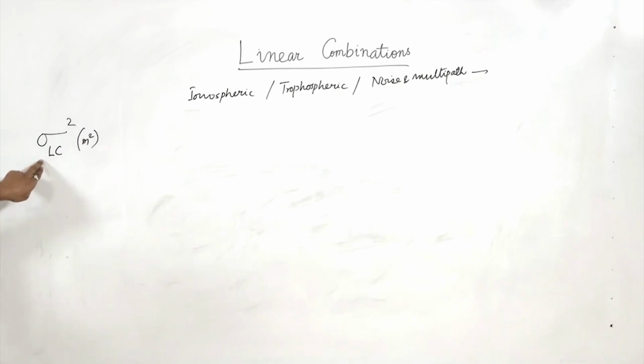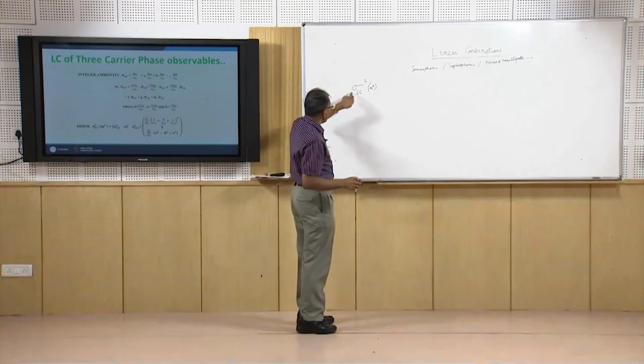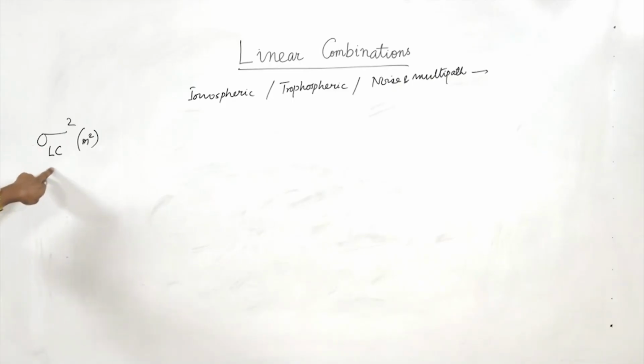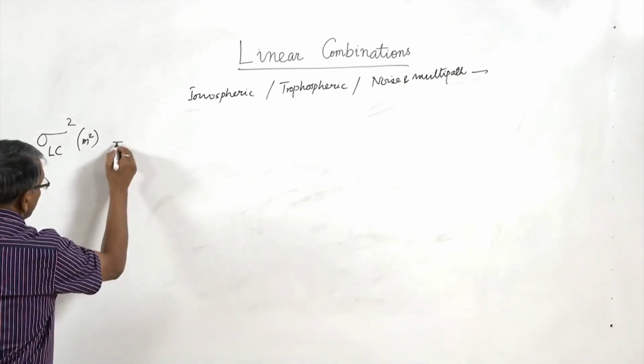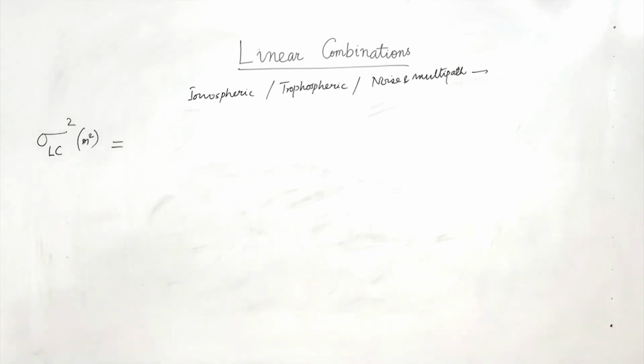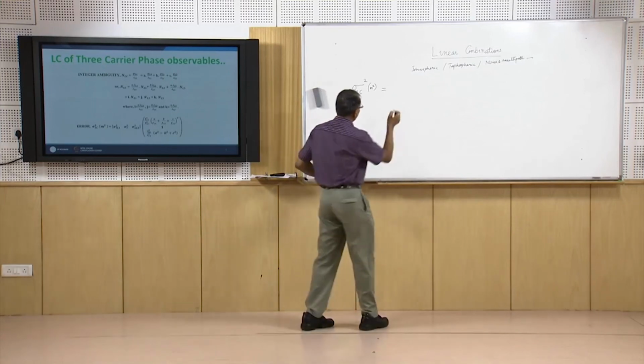So this is the root mean square error of the combined signal due to the ionosphere, troposphere and noise and multipath.